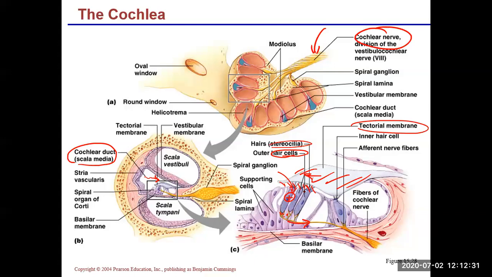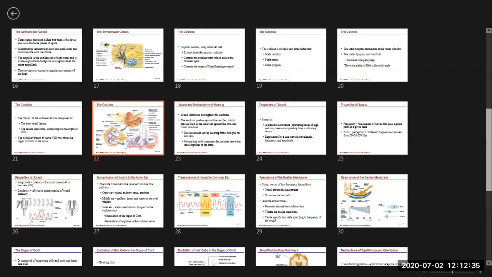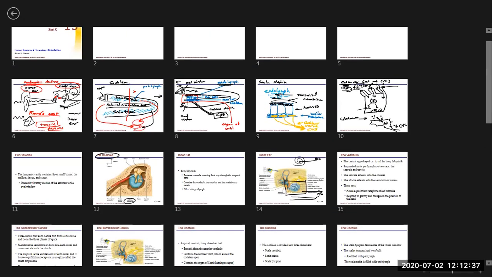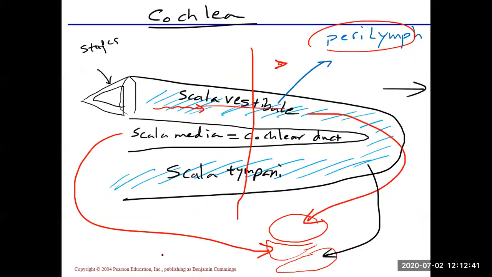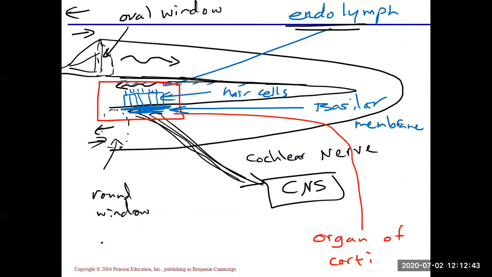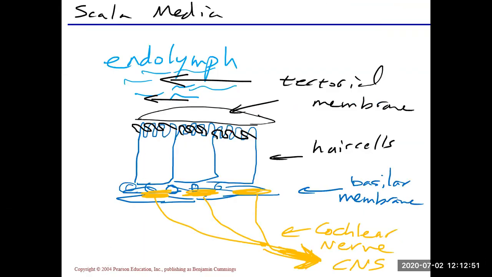Let's go ahead and take a look at the hair cells, see what happens in here, and then we can go from there. So over here, we mentioned what is happening. Over here, there are hair cells, so movement of the endolymph causes the hair cells to bend. So over here, the hair cells are bending.